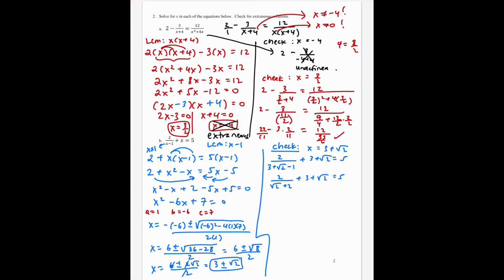So the best way to do this, to clean it up, is to multiply both sides by the reciprocal to conjugate.